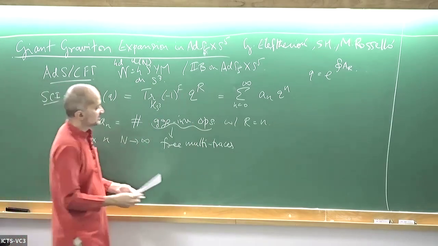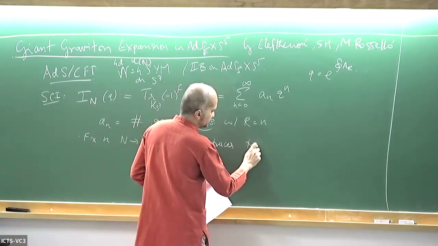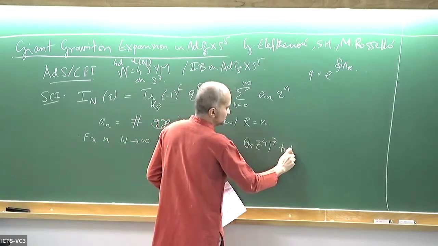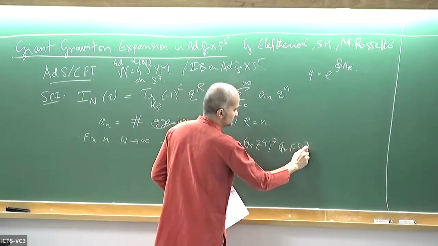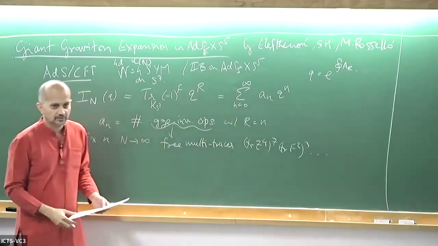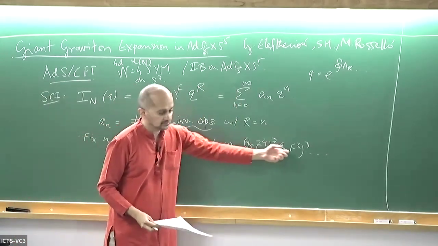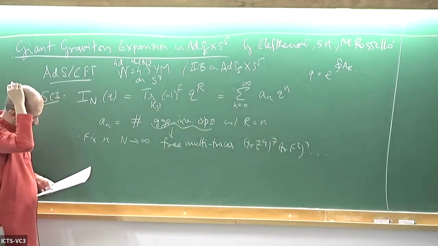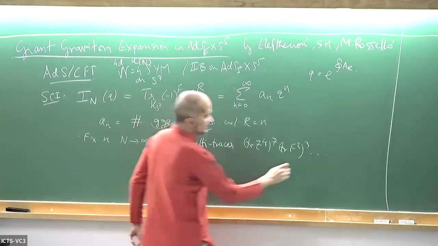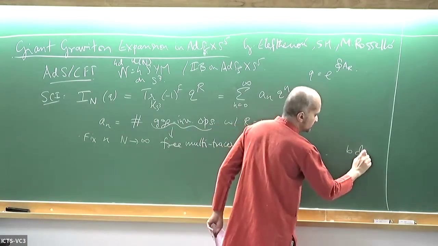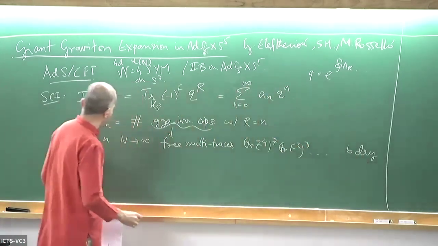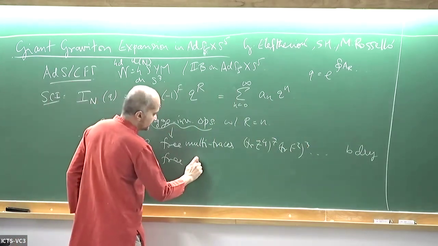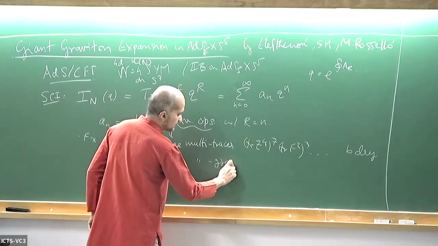So the gauge invariant operators are generated by products of traces. I'll call these single traces, and these multi-traces. Good. So that's the boundary interpretation. And then the bulk interpretation is that it's free multigravitons.